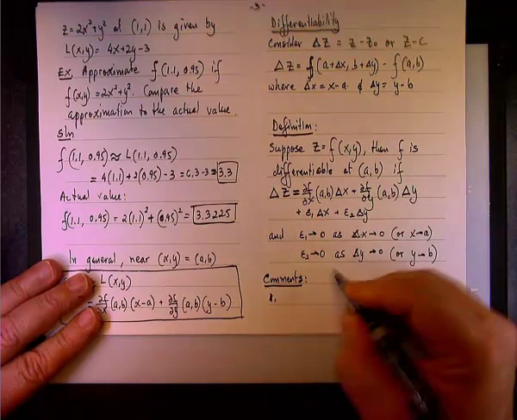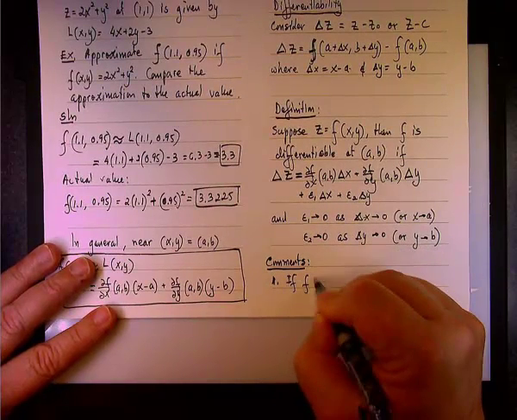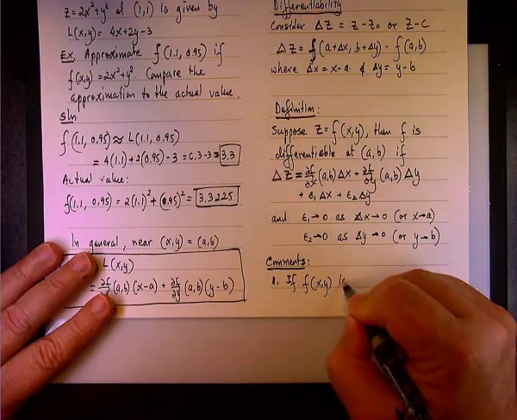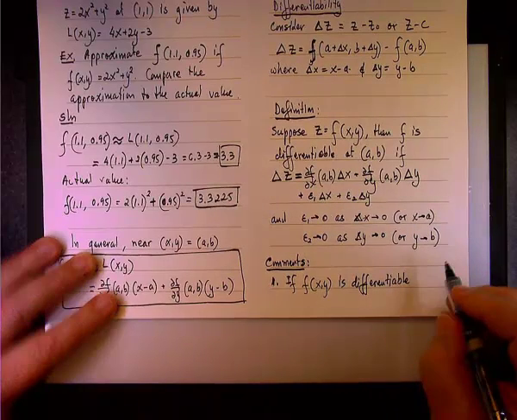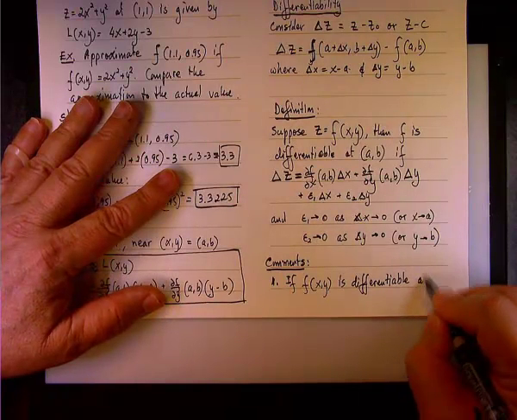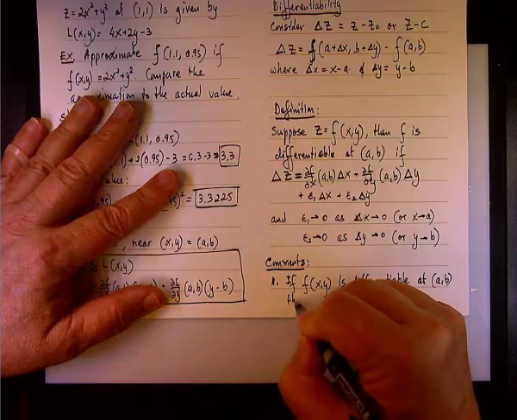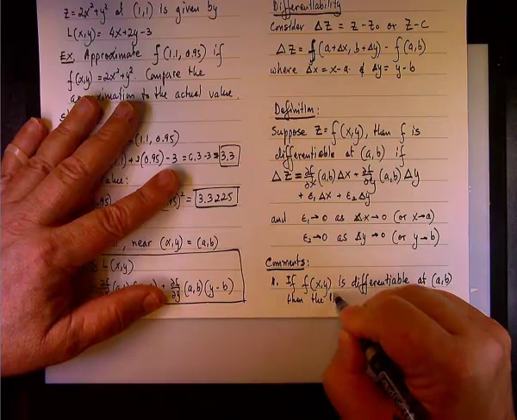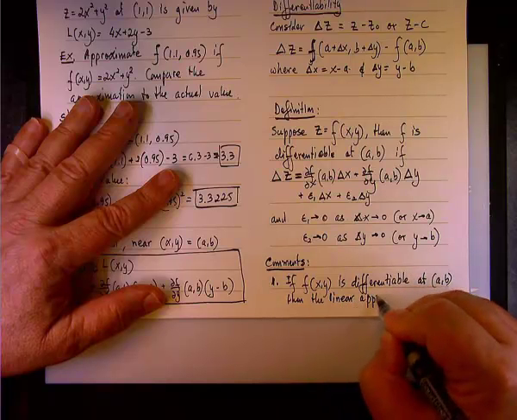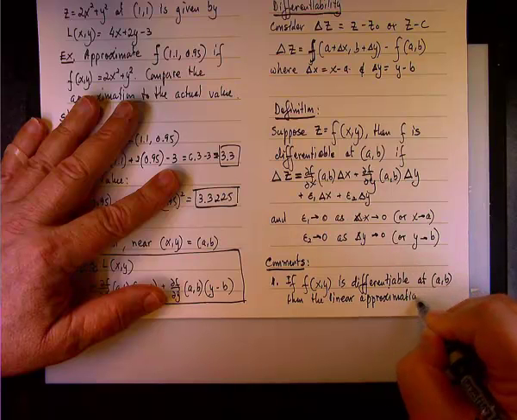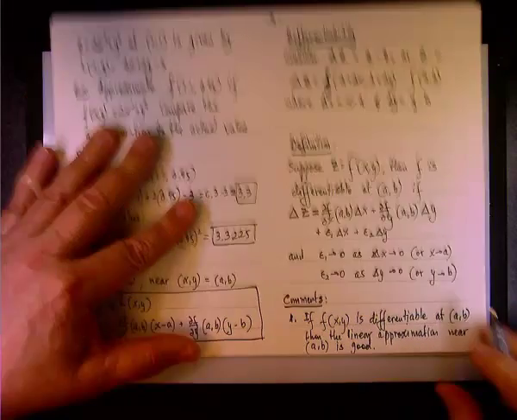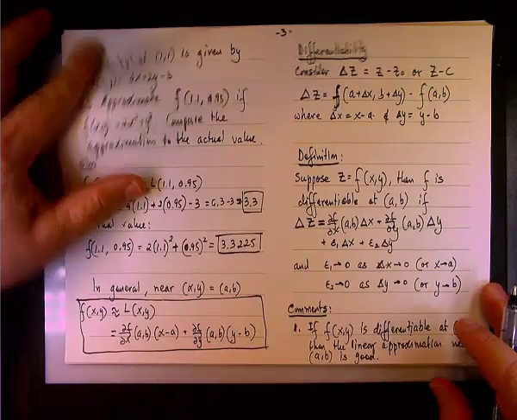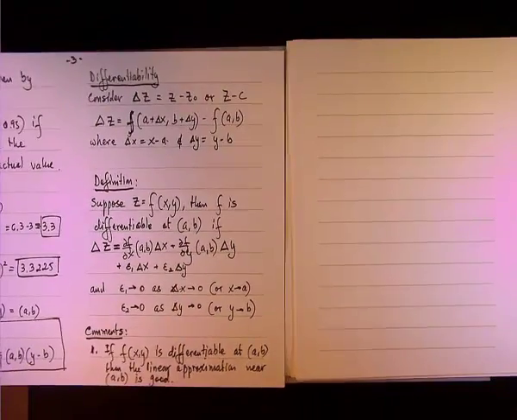First, if f of x, y is differentiable at (a, b), then the linearization, or the linear approximation, near (a, b) is good. That's one comment.